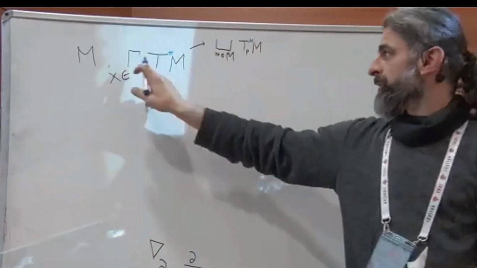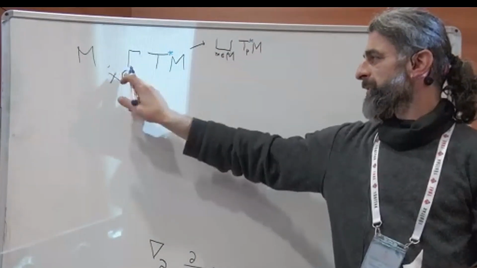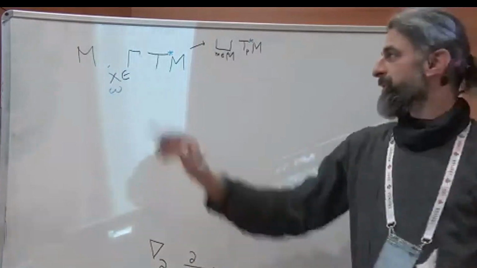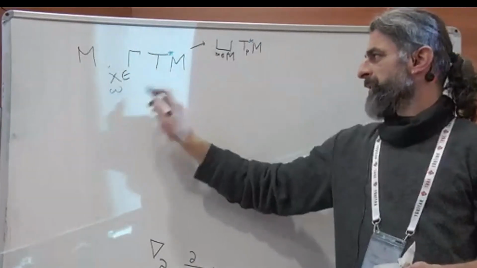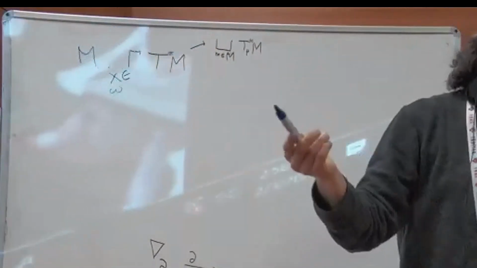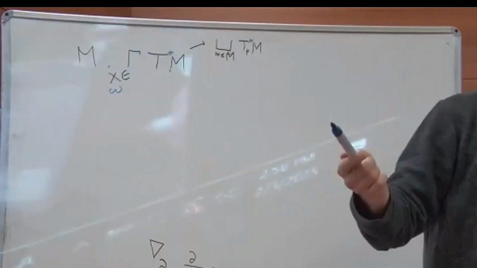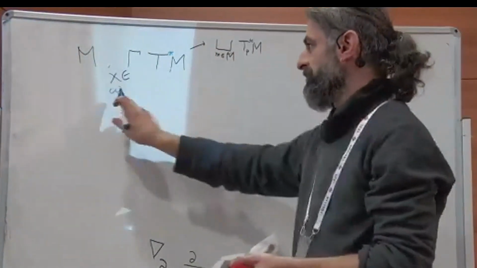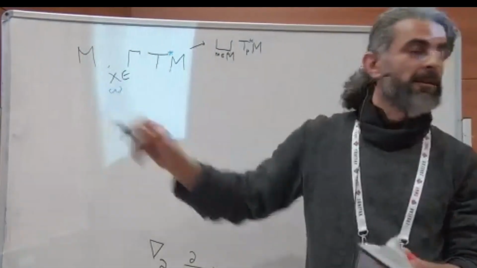Okay? This means that if you take an element of this object, you put at every point a cotangent vector, a dual vector, or a covector, or a covariant vector. Okay? So this is a one-form field.